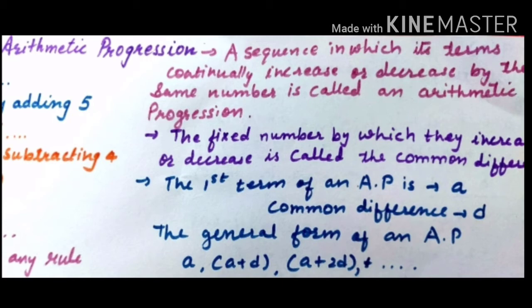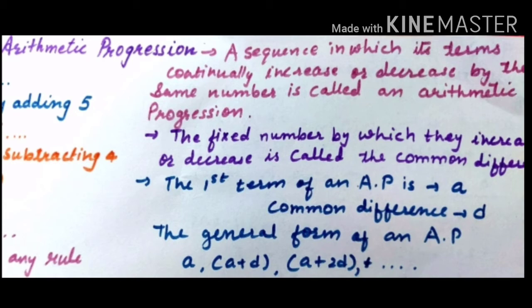So the next term we get is a plus d, and for the term after that, one more d is added: a plus d plus d. Now d plus d becomes 2d. So in the sequence we can write a plus d, a plus 2d, and so on.